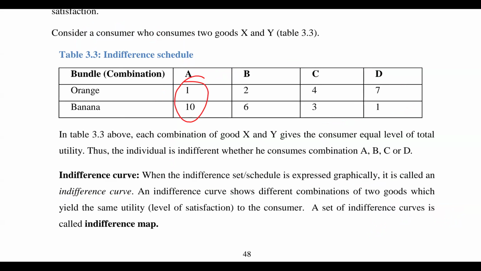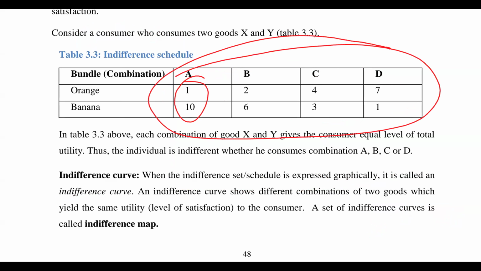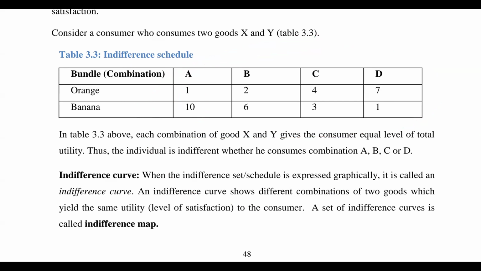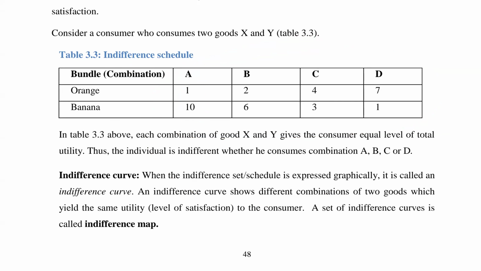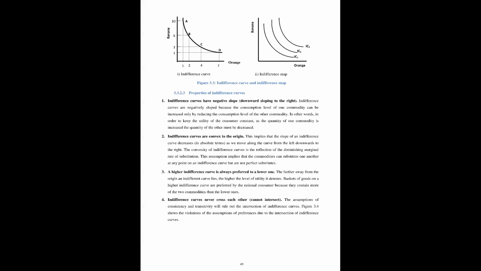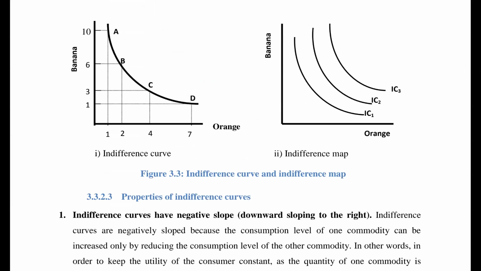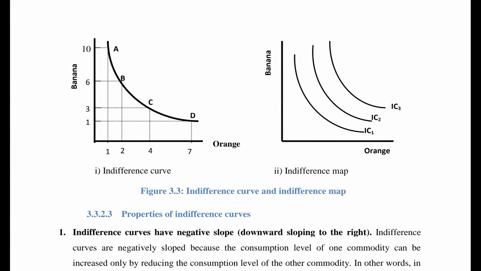Now, when you observe this, you will see that these points can be graphed on one graph, and you have one curve. These points can be matched properly, and you have an indifference curve. Now, if you bring together several indifference curves and put them together, you have something that is called an indifference map. So an indifference map simply means the indifference curves are put together, several of them. This is the curve that I was talking about.